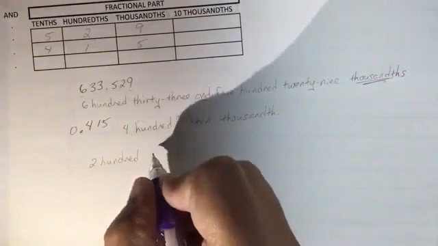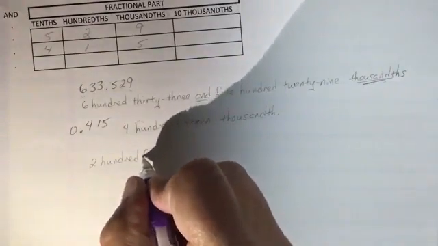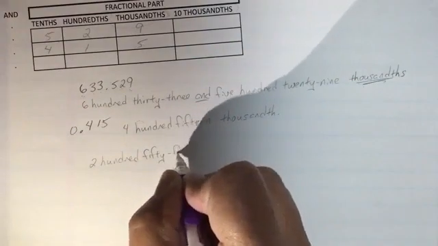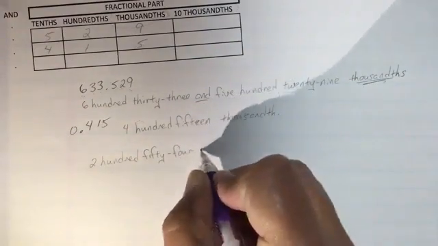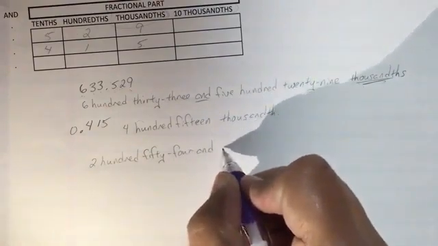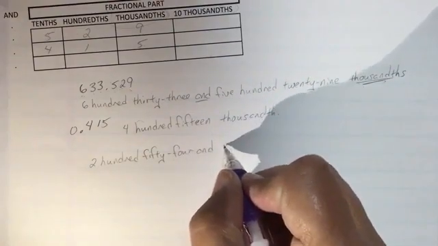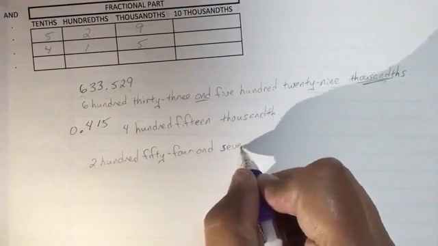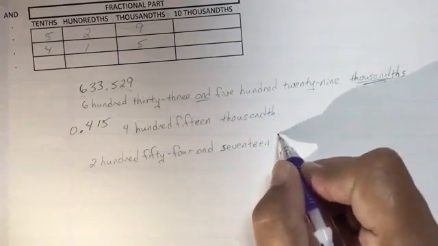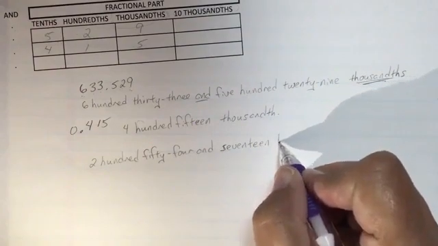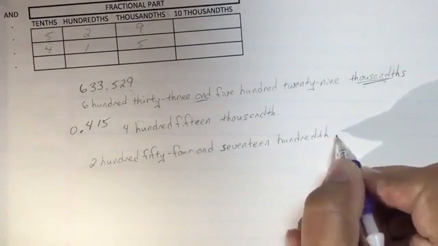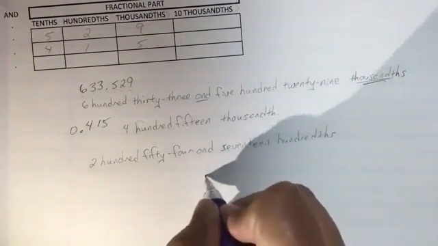254 and right here it tells me I have a decimal.